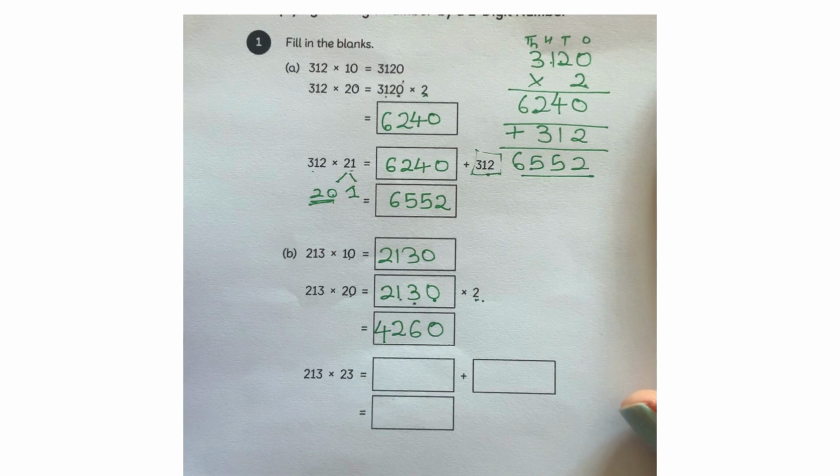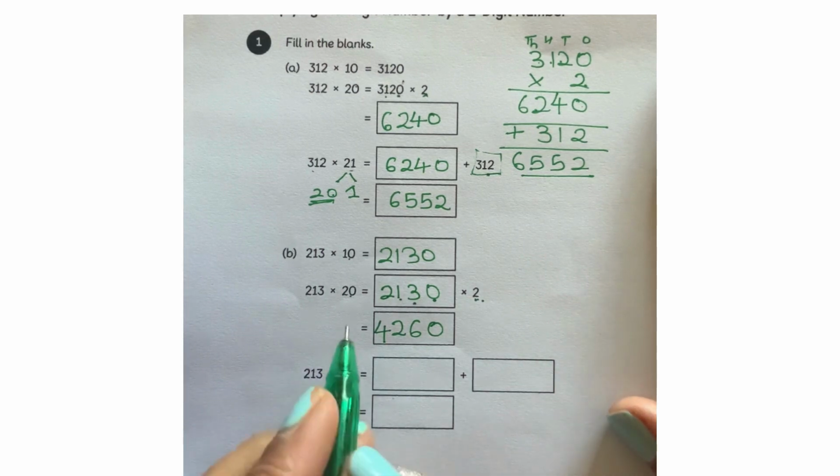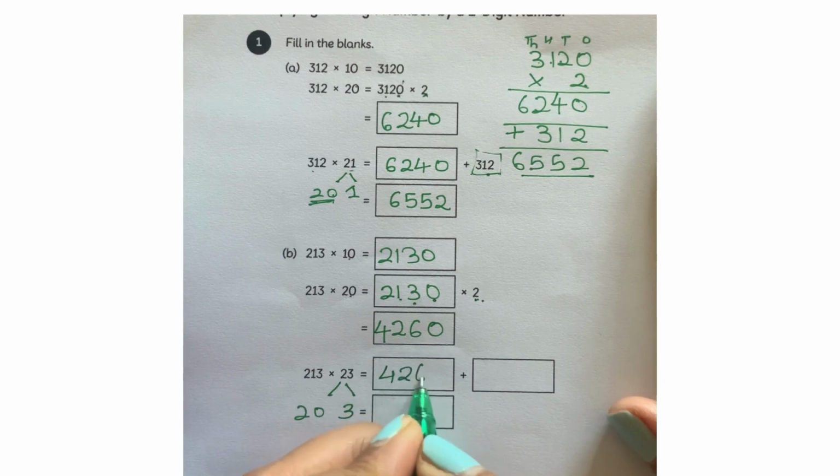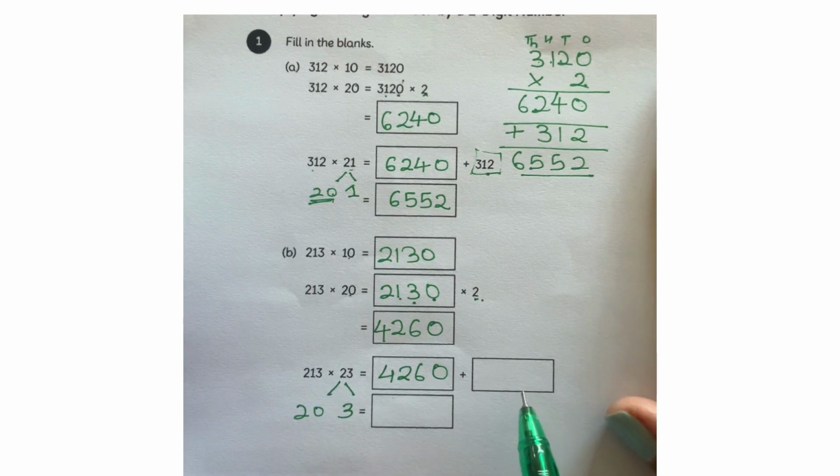Now they are asking further what we are going to do, right? Since I have 23, I will partition it into 20 and 3. For 20, do I have the answer? Yes, 4260. For 3, do we have the answer? Not yet.